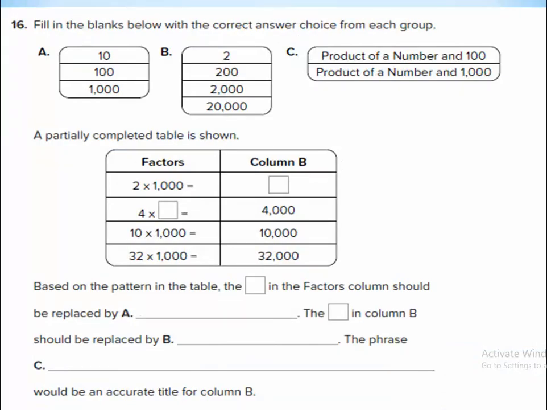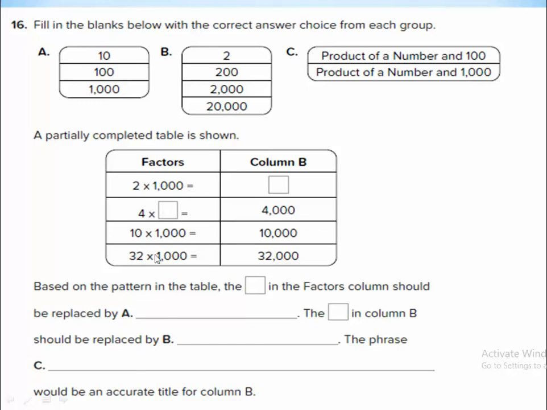Fill in the blank below with the correct answer. Okay, here we have a table for the factor in column B. This is the answer. Okay, first one. Here the missing number in factors is 4 times which number equals 4,000, so 1,000. Based on the pattern in the table, the square in the factor column should be replaced by 1,000.